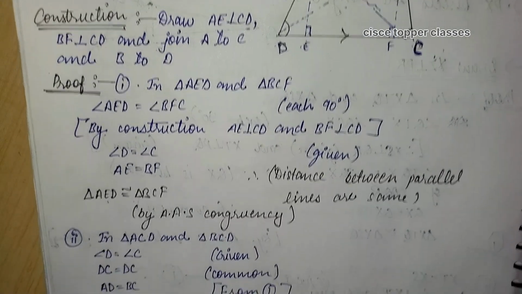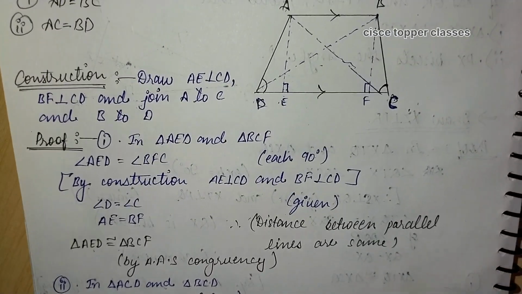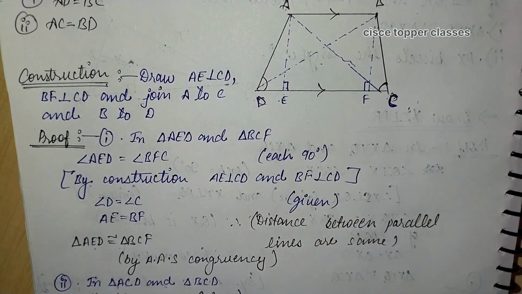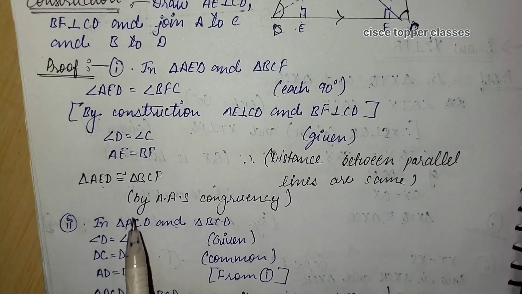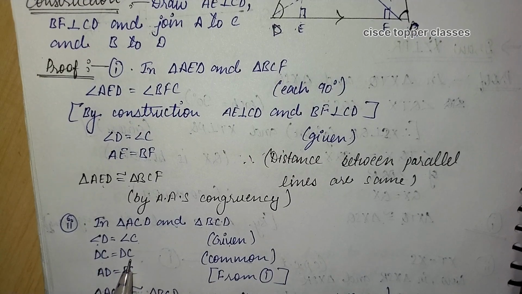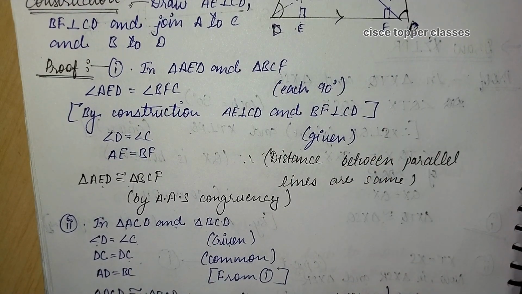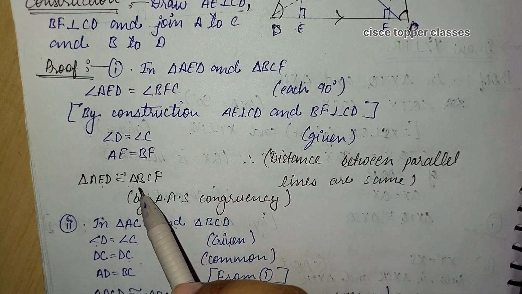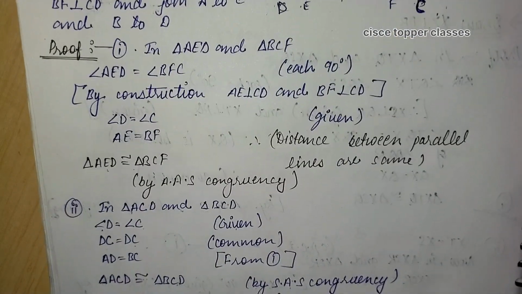Now in the second part we have to prove AC is equal to BD. Firstly, angle D is equal to angle C, given, and DC is common. The third part is AD equal to BC, which we proved previously.